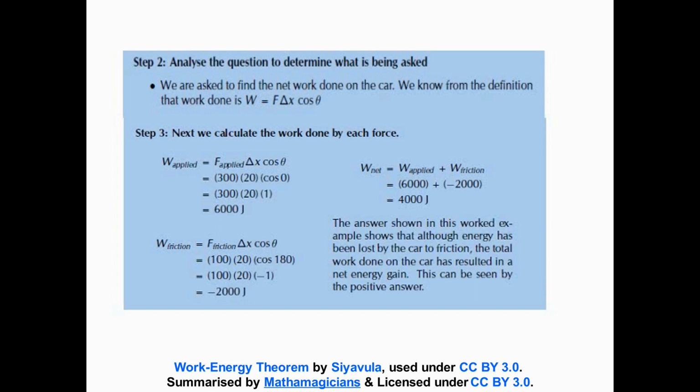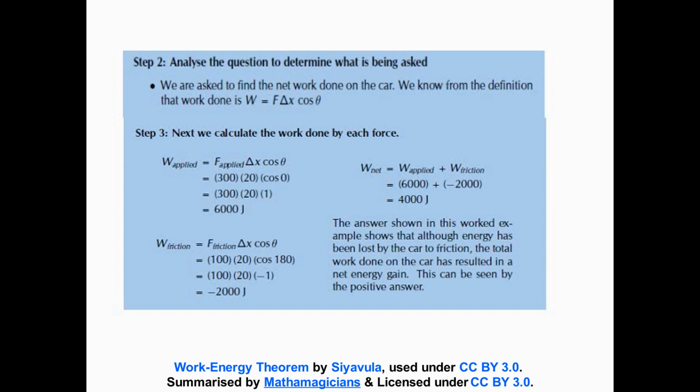Now, the net work done on the car is equal to the work of the force applied plus the work of the force of friction. That gives us 6,000 plus negative 2,000 joules, and that gives us the total work done on the car to be 4,000 joules.